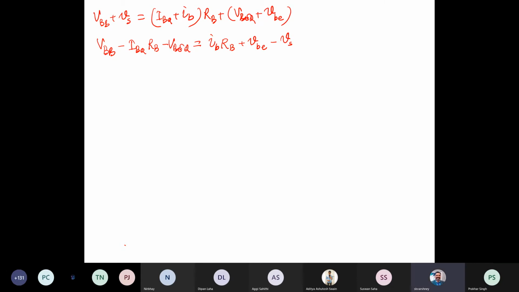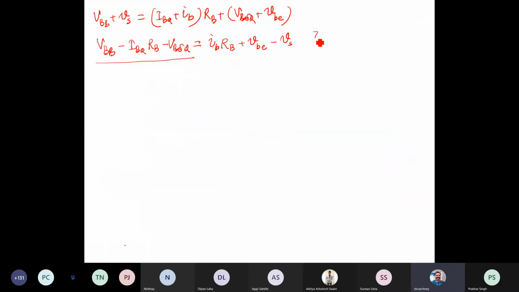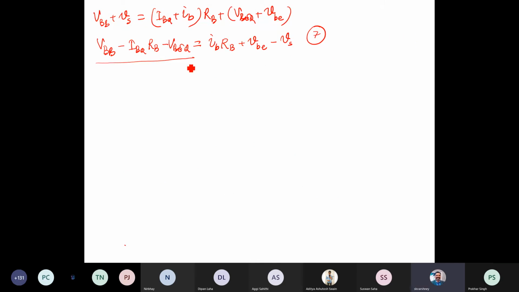If we take this from the DC analysis part, that means from here, I should have given the numbers, I think that's better. Equations 1, 2, 3, 4, 5, 6 and then let's say 7. So just use 5, considering equation 5, this factor is 0.